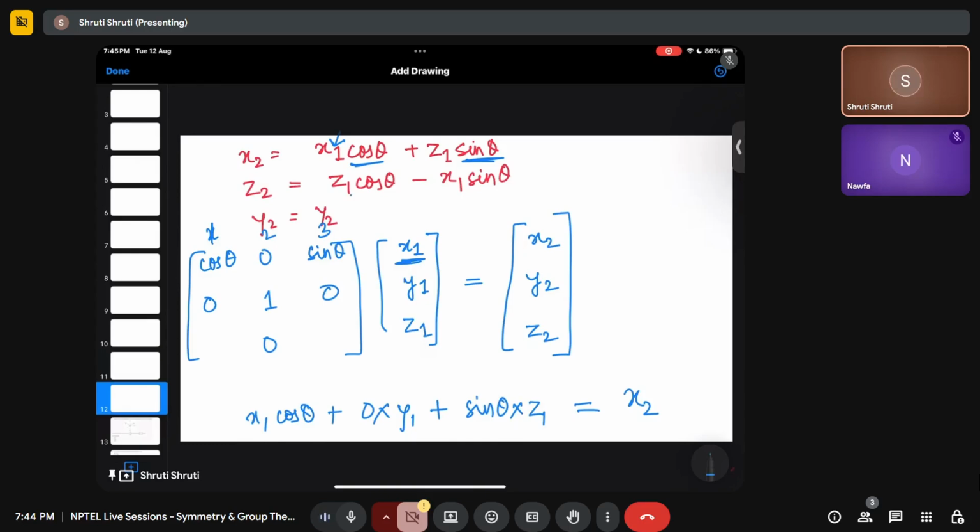Now with z1 I have to multiply cos theta. So here this place is a place for z. So this will be cos theta, and with x it will be sine theta, and it is minus sine theta. So this is your notation.